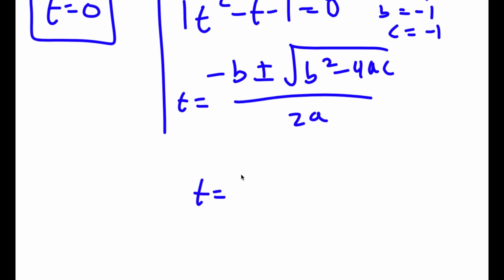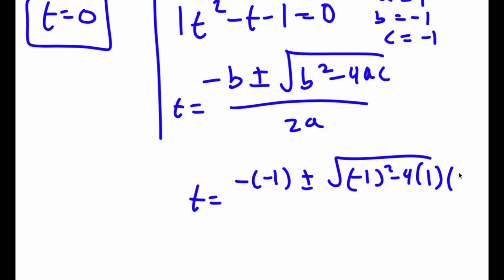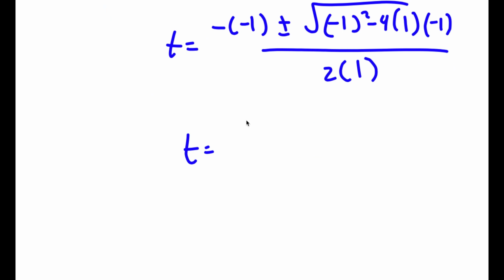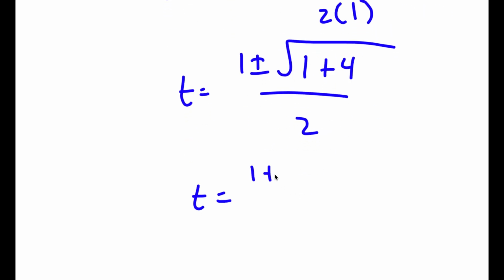So I have t is equal to 1 plus or minus the square root of -1 squared minus 4 times a, which is 1, times c, which is -1, and I have all of this over 2a, so 2 times 1. So now this simplifies to 1 plus or minus the square root of 1 plus 4 over 2, which simplifies to 1 plus or minus the square root of 5 over 2.